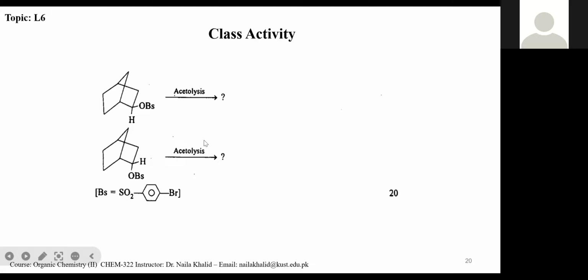I will give you the hint that here this sigma bond is interacting with the reaction center, because this sigma bond is anti to this one. It can assist over here, but this one is not anti, so it cannot assist over here. So you can predict the product obtained from the acetolysis of this.